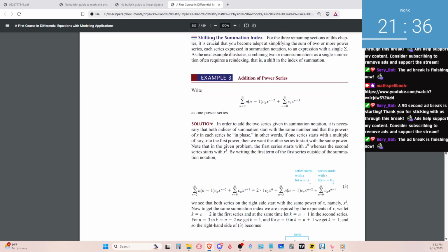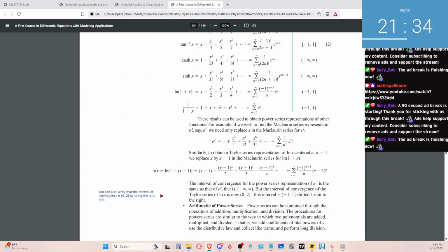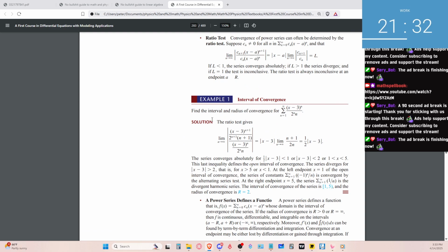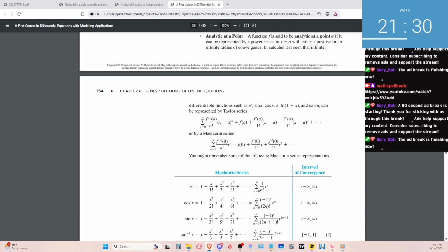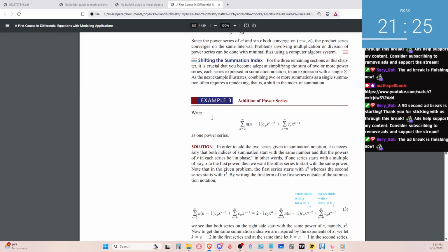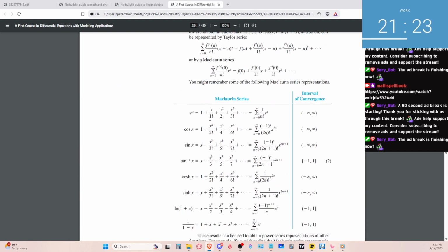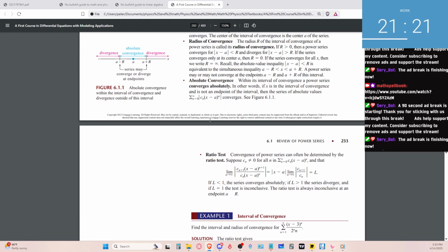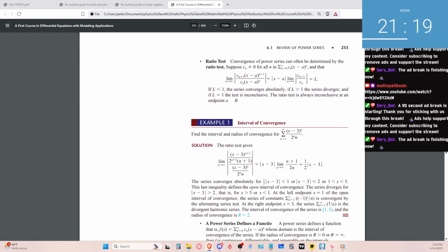So for the interval of convergence, here we go. So find the interval of convergence for this series, so do the ratio test.